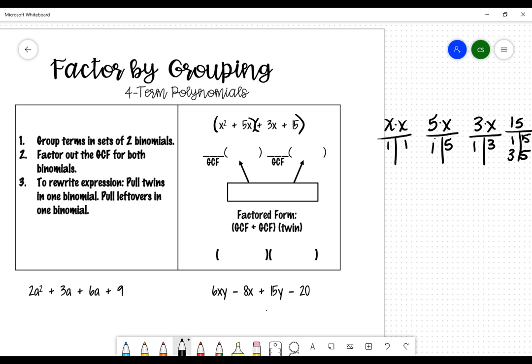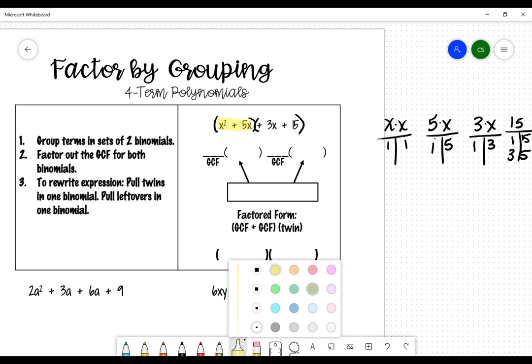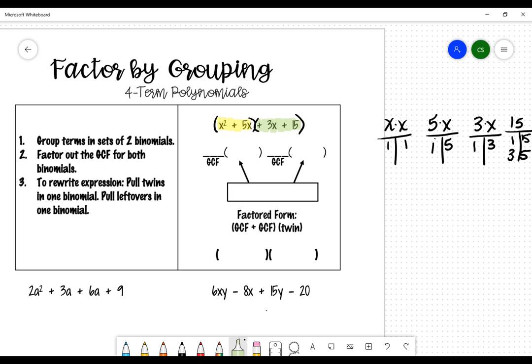I can factor out the greatest common factor for each of my binomials, finding the greatest common factor for x squared and 5x, and finding the greatest common factor for positive 3x and positive 15. So the greatest common factor for x squared plus 5x. Well, if I look at x squared and 5x, they don't share any coefficients, but they do share one variable.